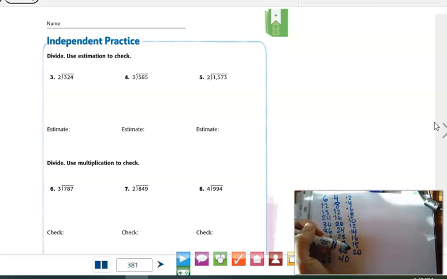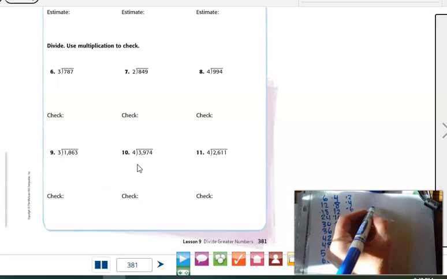And then you get to the bottom of the page and all of a sudden you've got a monster problem. So I'm going to do number 10 for you just so that you see an example of the longer division problems. So I've got 4 divided into 3,974. And I've got my 4's written right here.